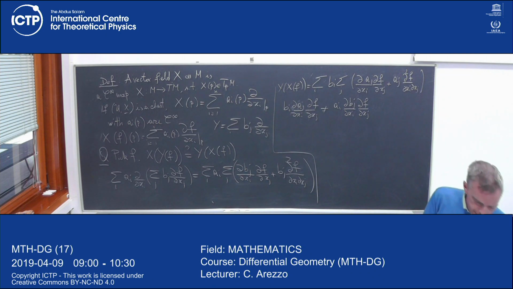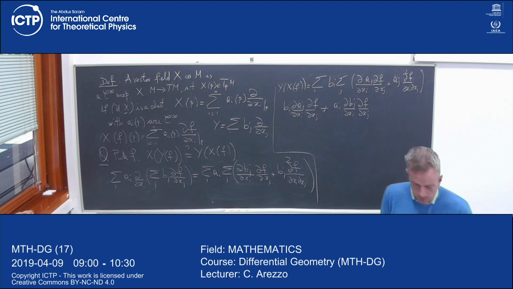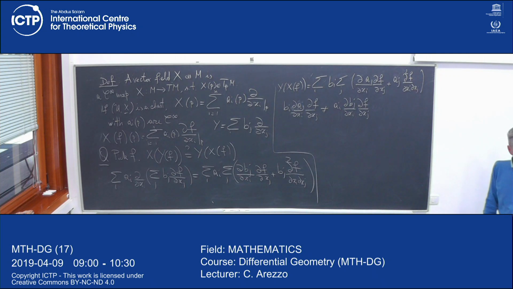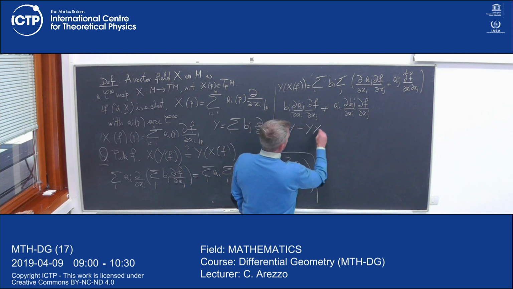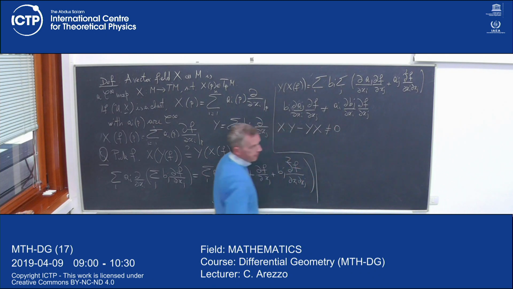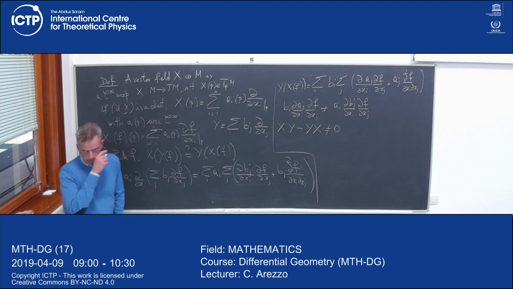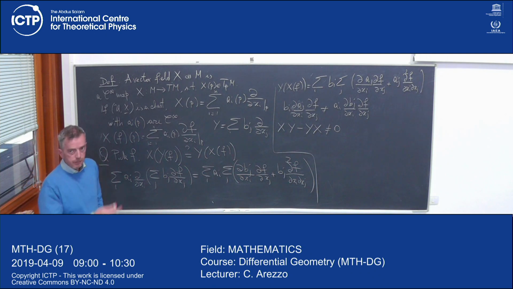Now, given this problem, there is also the solution in front of us. Because this means that as a vector field, xy minus yx in general is different from 0. But what is it?